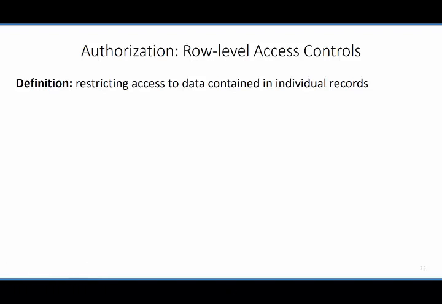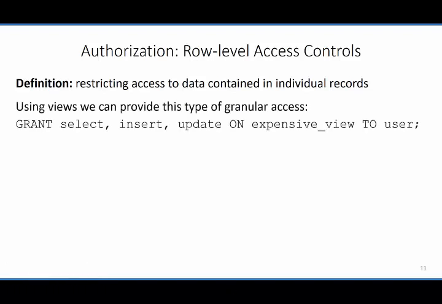So there's a variety of ways to restrict data access. The first one is row level access. This is similar to what we've talked about previously, where we're going to do views. Rather than actually granting the user access to a specific table, we're going to grant them access to a view. This view will limit the amount of information that the user will be able to see.